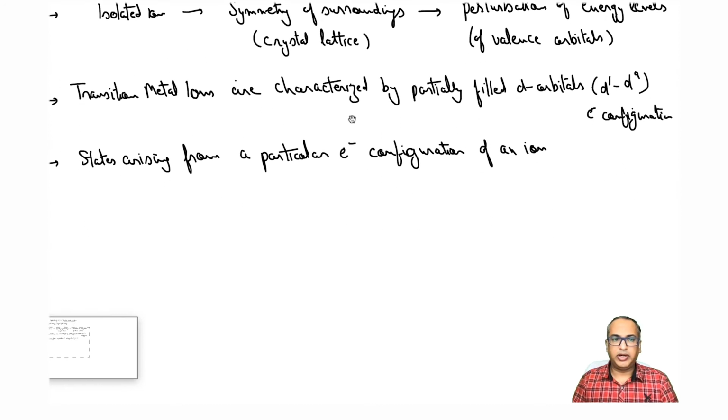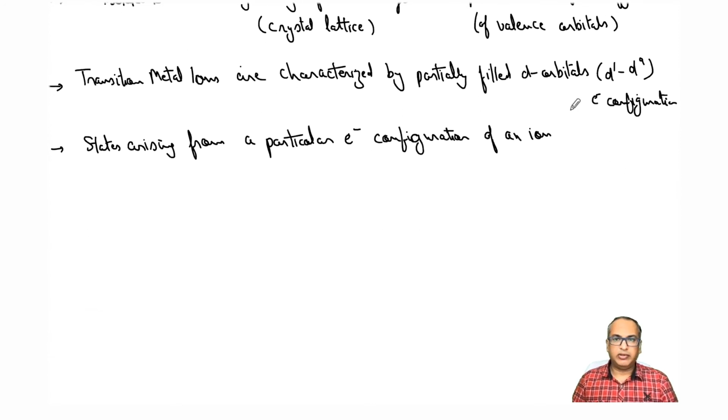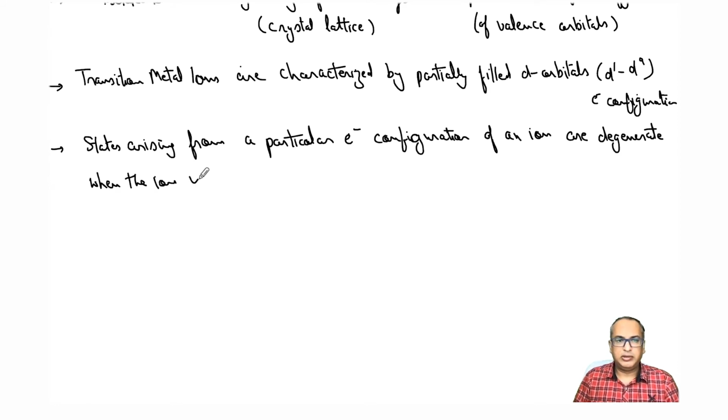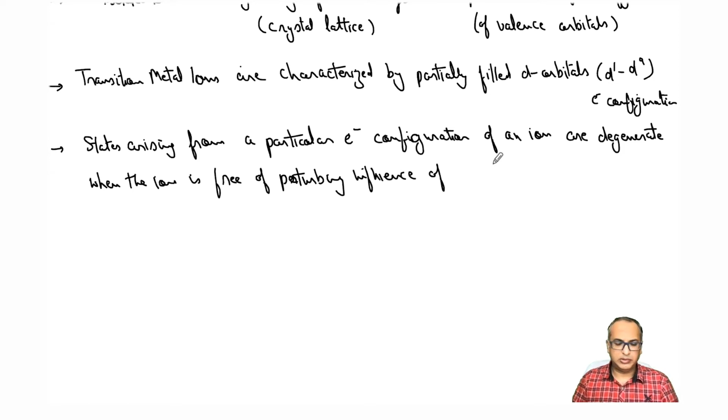Any electronic configuration would have a particular state, which is defined by the term symbol, and these states are degenerate when the ion is free of the perturbing influence of ligands. So when there is no perturbing influence of ligands, the d orbitals, or the states arising from a particular electronic configuration, would be degenerate.